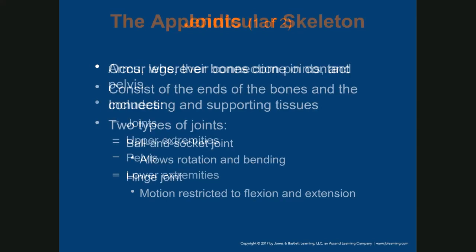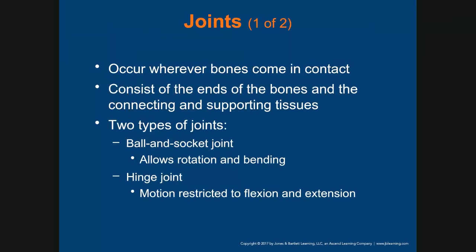However, what you need to understand with your joints is that they fall in three classifications. You have joints that have free movement, like the shoulder joint and the hip joint.